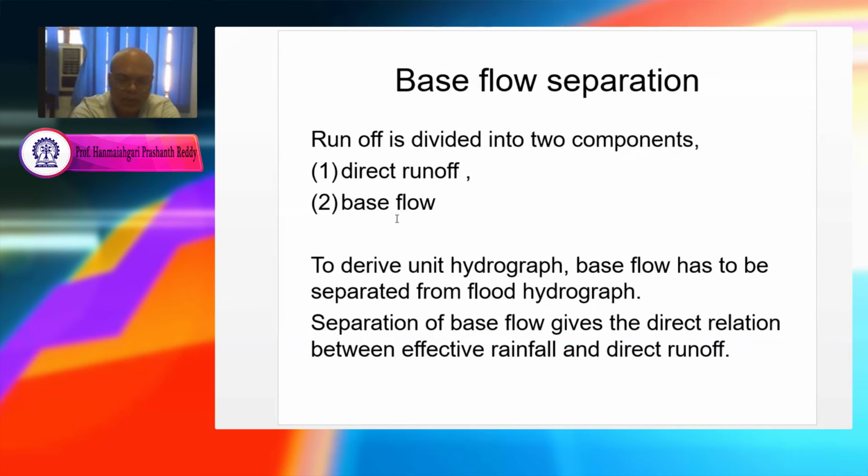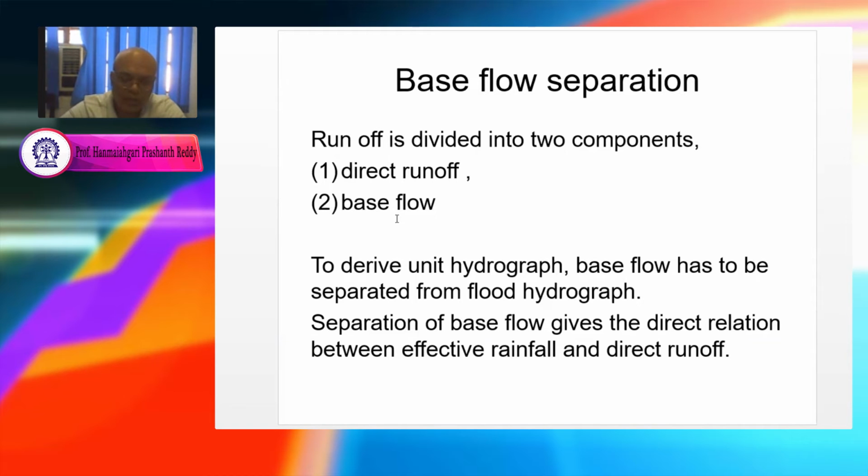Therefore, this base flow is also called delayed flow. Next, we are more interested in the direct runoff, because base flow is a delayed runoff, and it can be delayed by 6 months, or it may be delayed by 1 year.